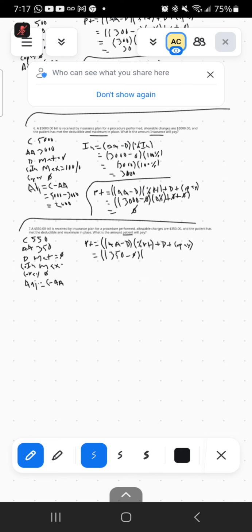In this case, max means 100% for the insurance, 0 for the patient. For the patient it's 0%. Plus deductible 0, plus co-payment 0. So $350 times 0% plus 0 plus 0, 0.